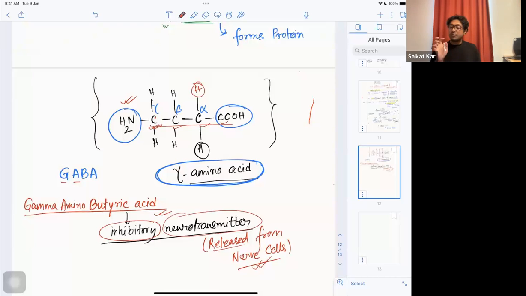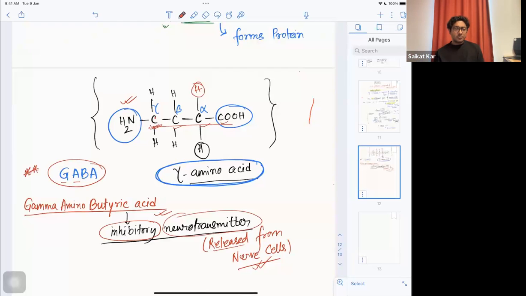Usually when I'm moving my fingers or talking, the nerves that are releasing neurotransmitter, those neurotransmitters are exciting my muscles, so excitatory. But in this case, this neurotransmitter, a very important example, GABA, is released from nerve cells, but it causes suppression of the muscle activity.